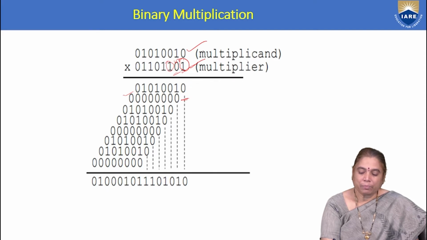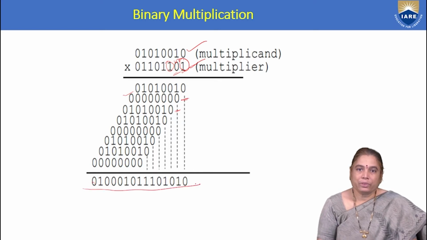The multiplicand can be copied in the partial product by leaving one space. Like this, the partial product terms can be identified. At the end, all partial products can be summed in order to get the binary multiplication value. This is the procedure to perform binary multiplication.